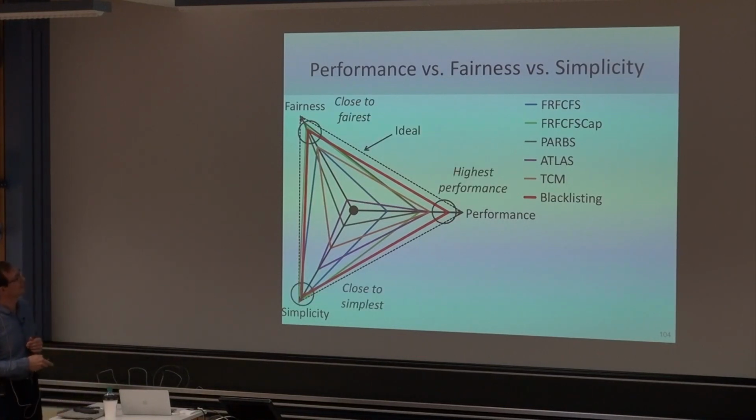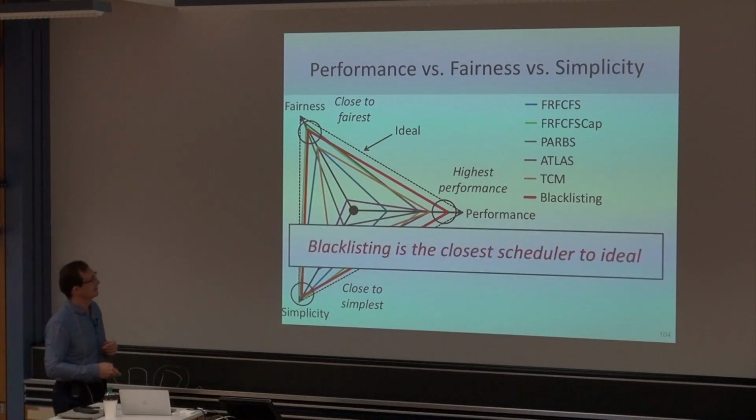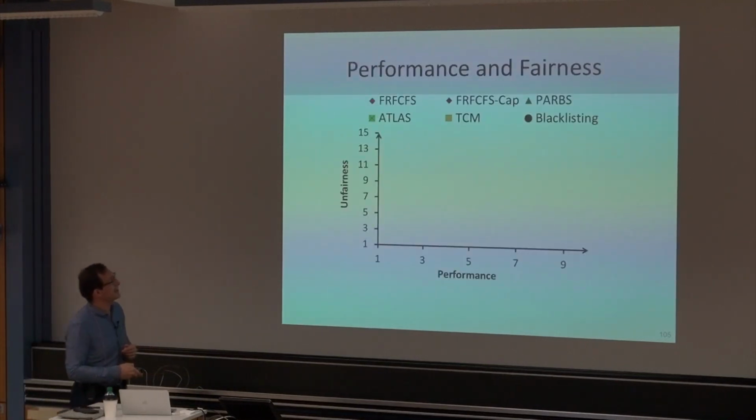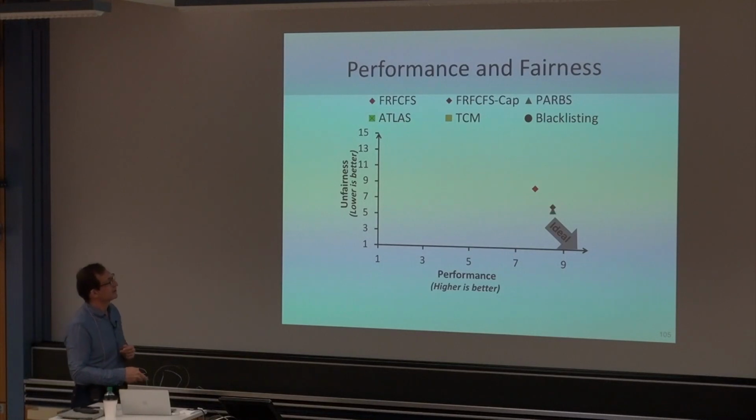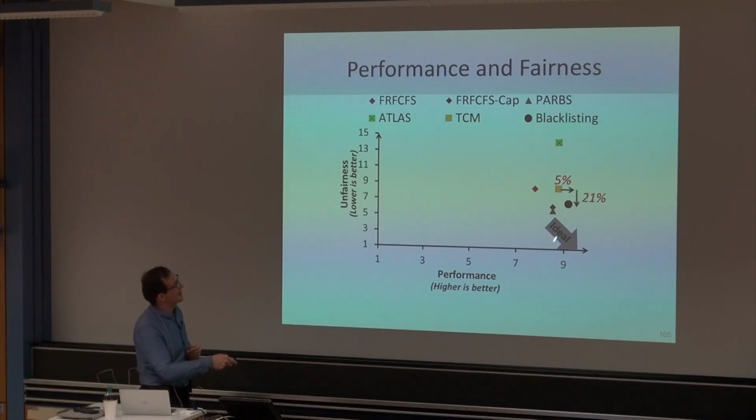So, as you can see over here. Okay, so let's take a look at these different axes a little bit. So you have performance, unfairness, max slowdown. Lower is better for unfairness, higher is better for performance. Ideally you're here. And it turns out the different schedulers end up being here for different applications, as you see over here. So blacklisting is this black one over here. It's not Pareto optimal, but it's close.